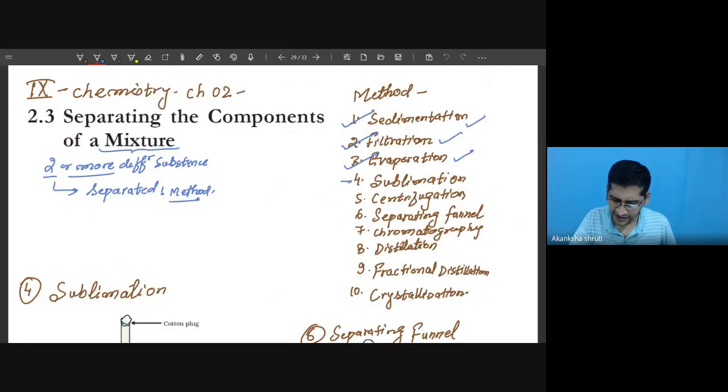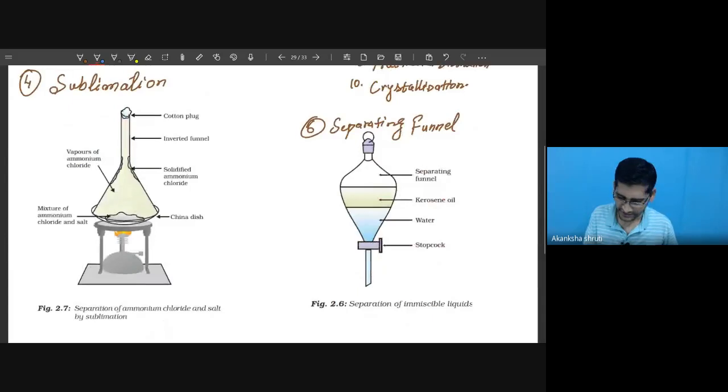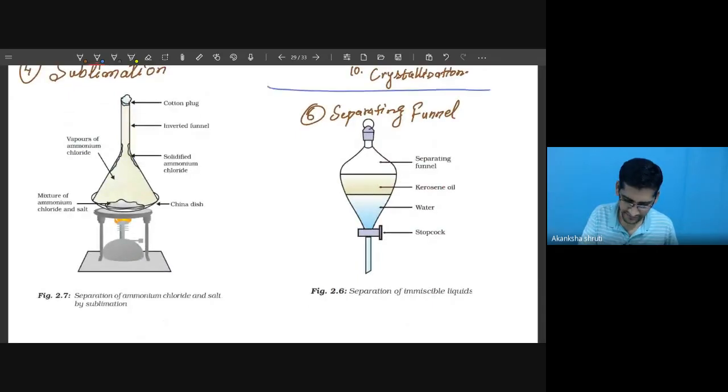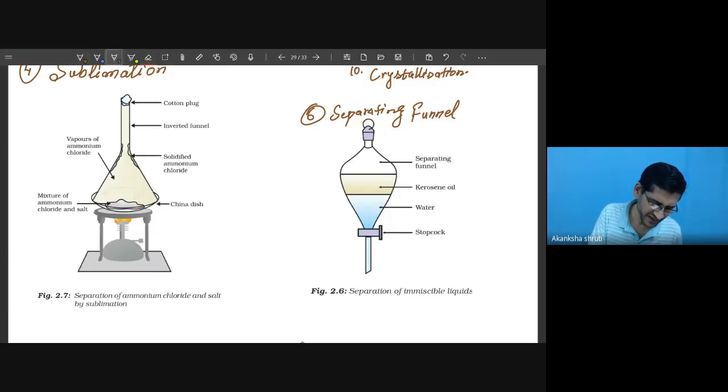Now let us go for the separating funnel first. Let me go for the separating funnel. Student, or let me go for the centrifuge itself.